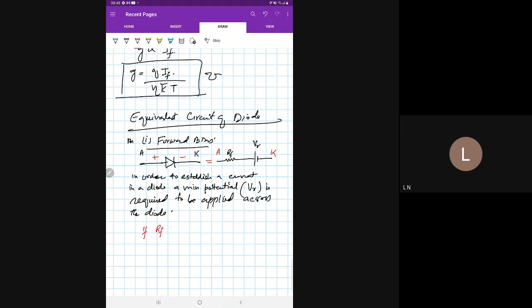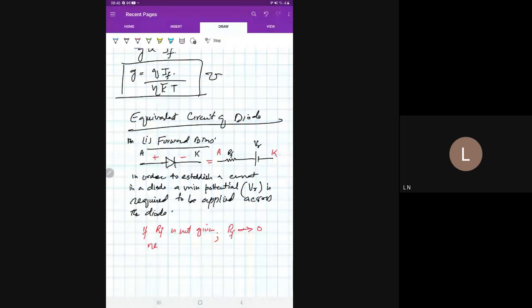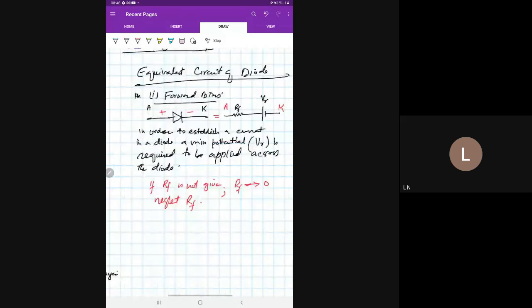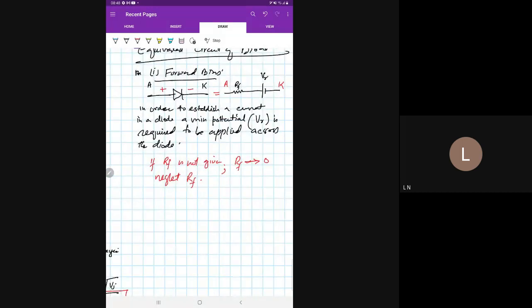If R_F is not given, and sometimes it is not given, then we can approximate R_F as nearly equal to 0, or neglect R_F. So the approximate equivalent circuit representation, if R_F is not given, is that the diode will be approximated like this.